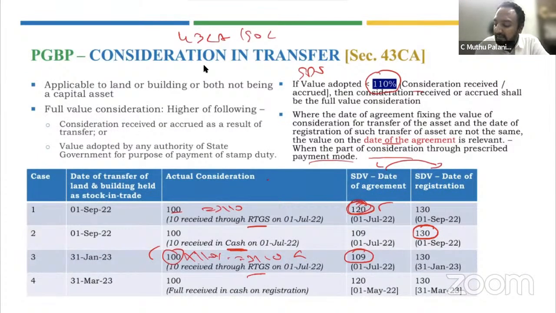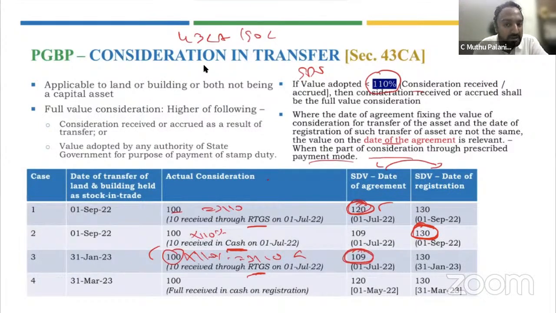Next case, 100, but it is received in cash. So I will have to take the date of registration, 130. So 100 or 130, of course 100 into 110% will be 110. So 110 or 130, whichever is higher, I'll take 130 only. In the next case, it's also RTGS, so I will take the date of agreement. Here it's only 109.